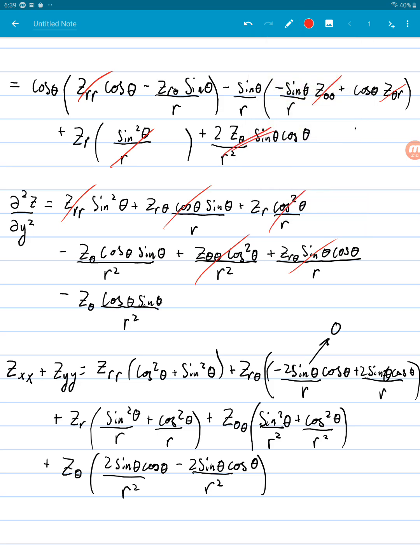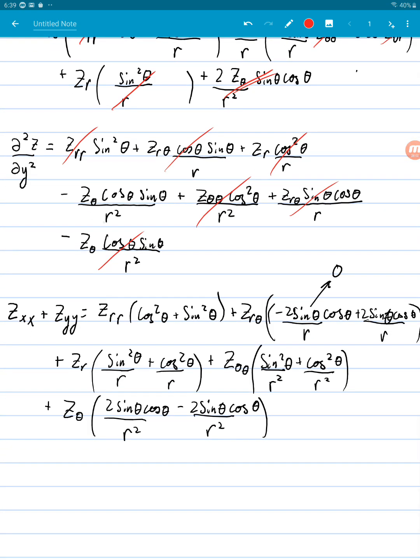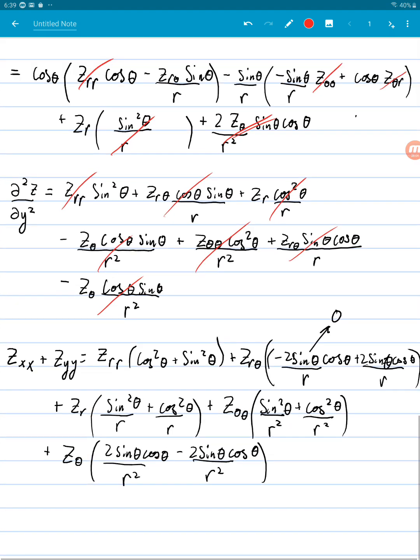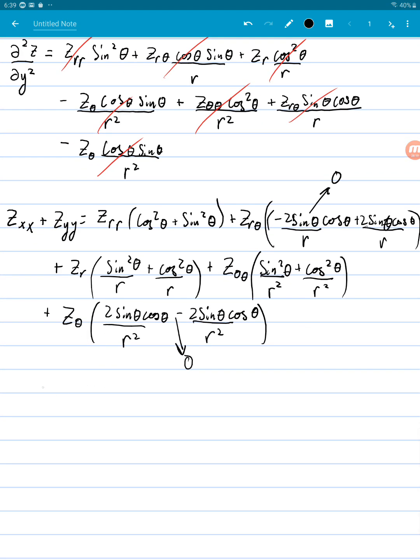From that term in the second derivative with respect to x, and from the second derivative with respect to y. So, that one was already accounted for as well. That's going to add up to 0 as well.